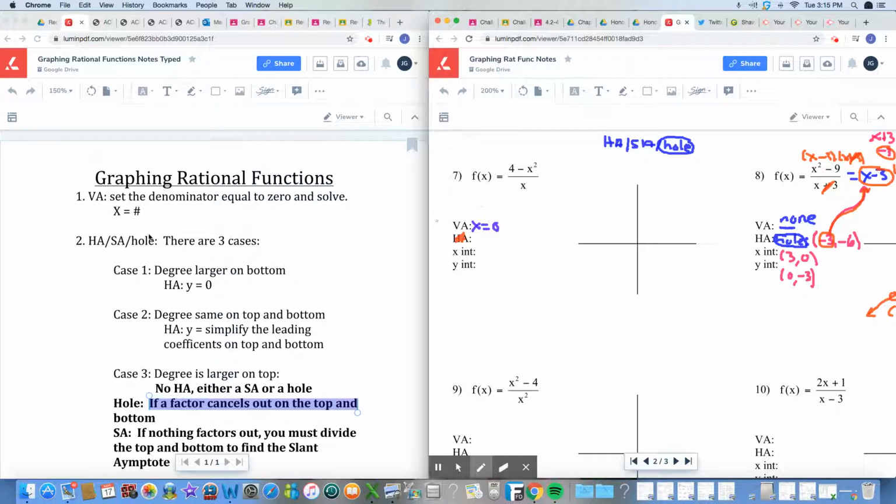All right, so now we have our slant asymptote, and it says to divide the bottom into the top. Now, the easiest way to divide, as long as this is a linear term, meaning it has a coefficient of 1, an exponent of 1, we can do synthetic division. All right, in case you forget, synthetic division is you put whatever makes this equal to 0 in the box.